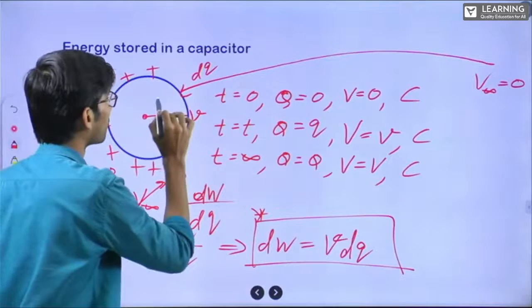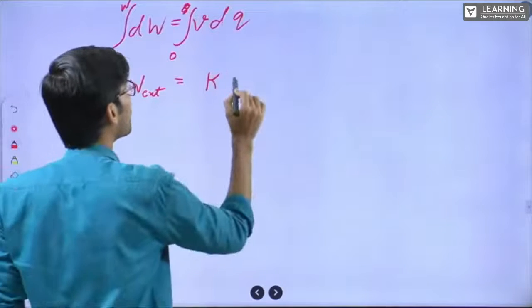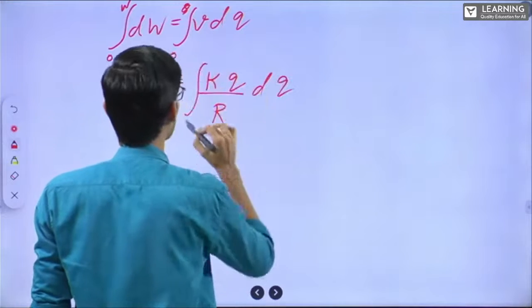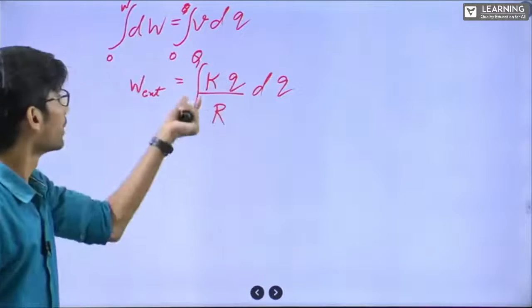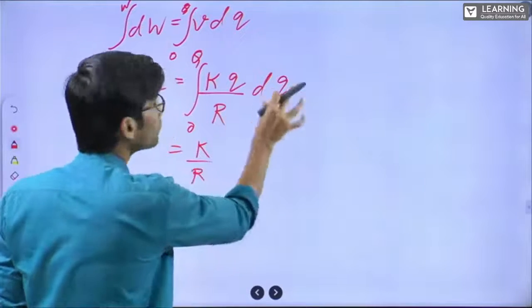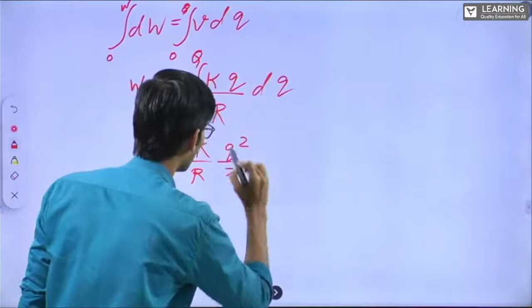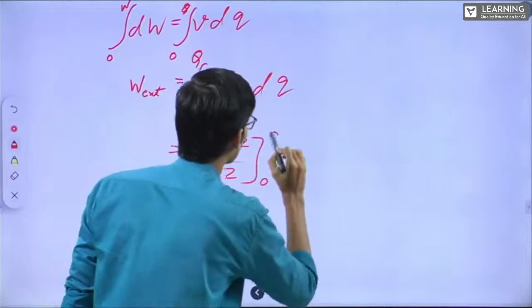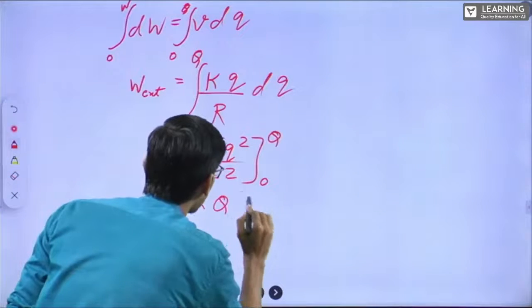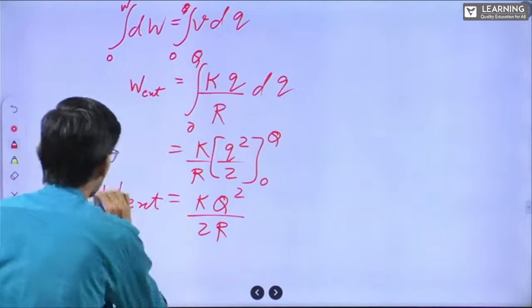It is Kq by R. So Kq by R dq, integral 0 to Q, correct? K and R are constant, K by R will come out. Integration of q dq is q square by 2, and integrating from 0 to Q, this will be KQ square by 2R, that is work done by external agent.